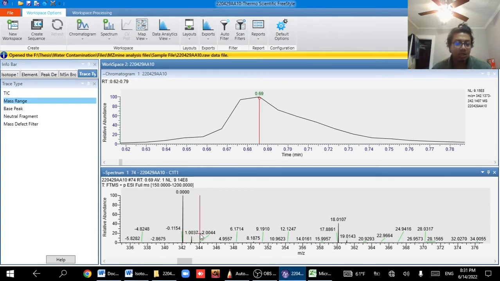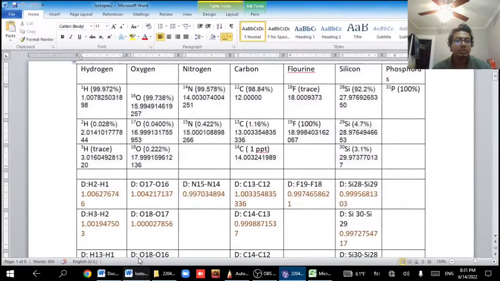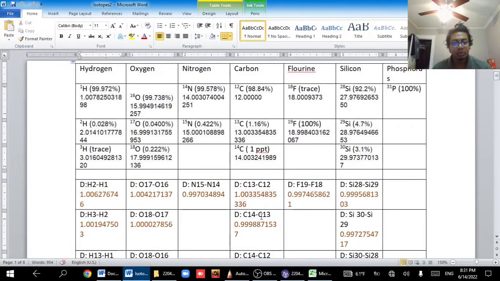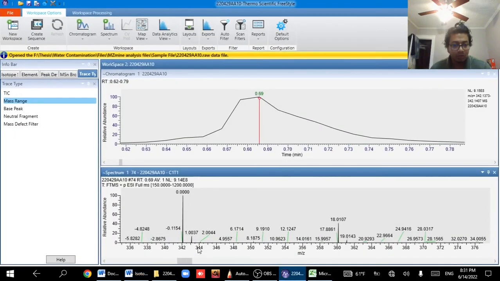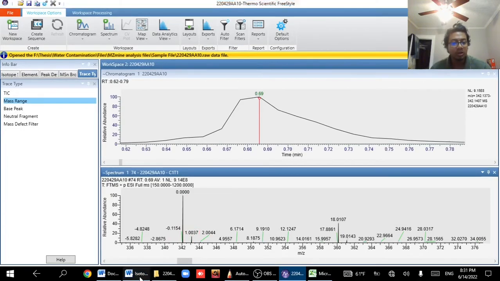Remember I told you about the isotope values: you need to remember those differences for hydrogen, oxygen, nitrogen, the isotope differences. So what I got here is 1.0037, and I need to find a similar isotope difference.